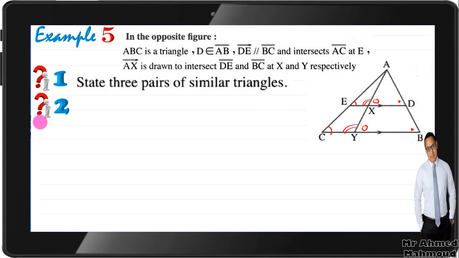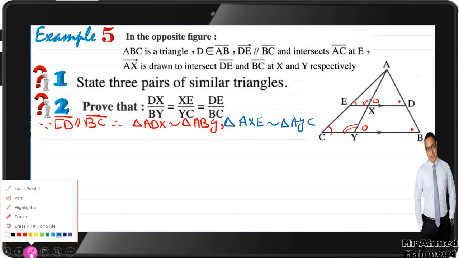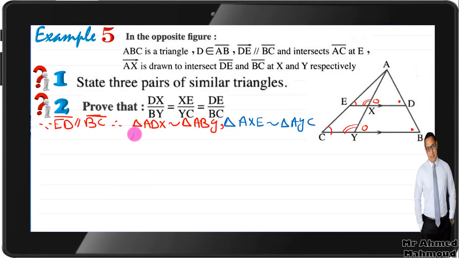Okay, now we have ADX and ABY similar, AEX and ACY similar, ABC and ADE similar. Okay, so since ED is parallel to BC, therefore triangle ADX is similar to triangle ABY, and triangle AXE is similar to triangle AYC, and triangle ADE is similar to triangle ABC.